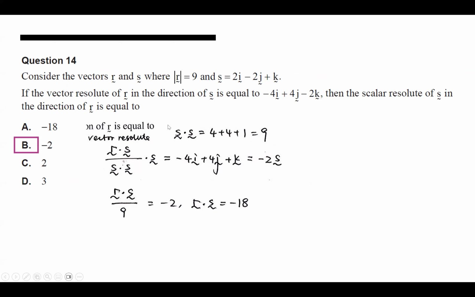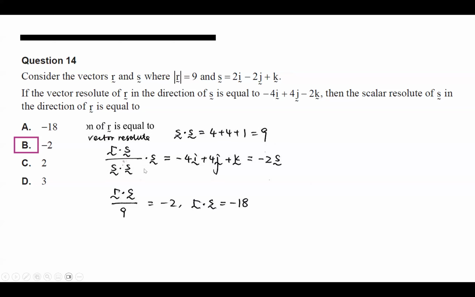Minus 2s. So I started with the dot product. The reason why I started with the dot product here is because the vector resolute of R in the direction of S can be expressed as R dot S divided by S dot S. So this is a scalar factor times the vector S itself. That's why I calculated S dot S, which is 2 squared plus 2 squared plus 1 squared, which is 9.